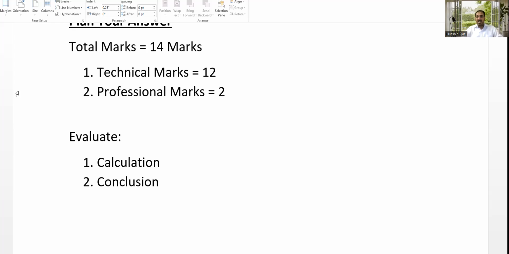We know very well what technical marks mean here. For example, this is the NPV method.